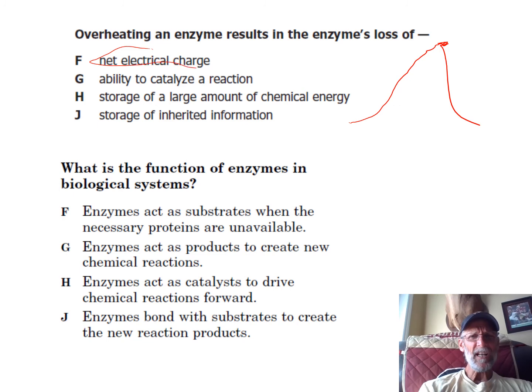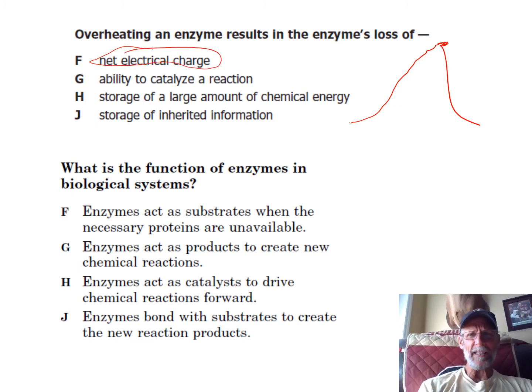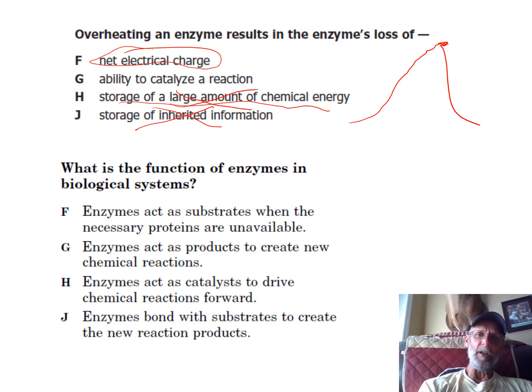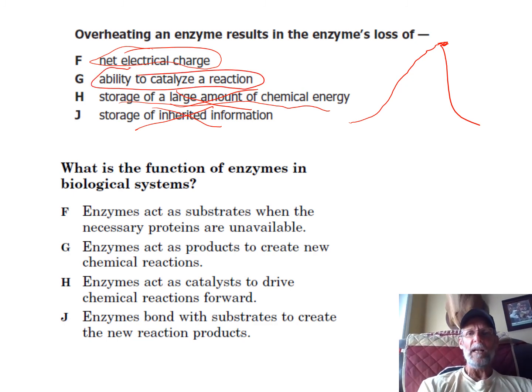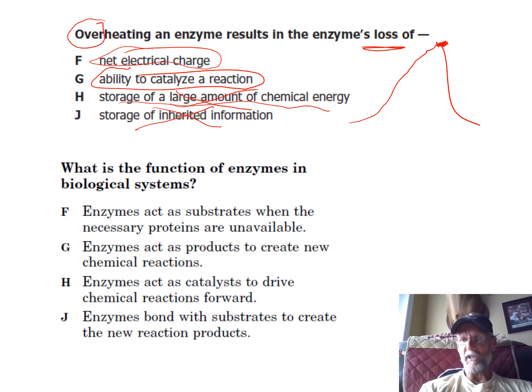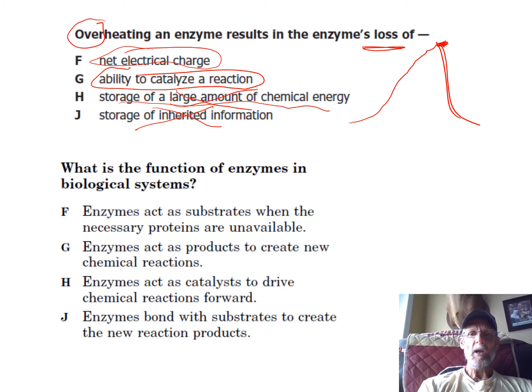Electrical charge, I haven't talked about anything that would change its electrical charge. Storing chemical energy, that is not what enzymes do. Don't ever say that, please. Store inherited information, that's the job of DNA and RNA. That's no good. Its ability to catalyze a reaction, though, is going to be decreased if that enzyme gets overheated, and that term implies that it was too much heat. That's what happens.